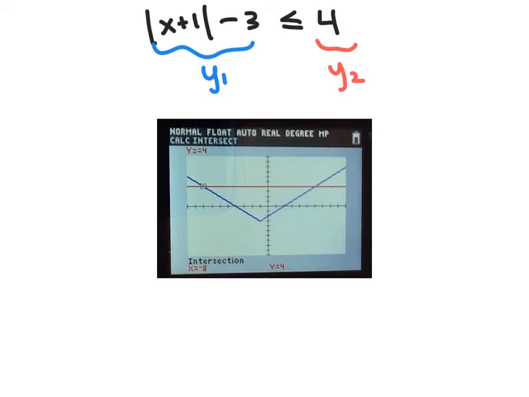This screen indicates that the intersection is at x equals -8. Notice that we don't really pay attention to the y value, mainly because the problem is asking for values of x such that the absolute value of x plus 1 minus 3 is less than or equal to 4.